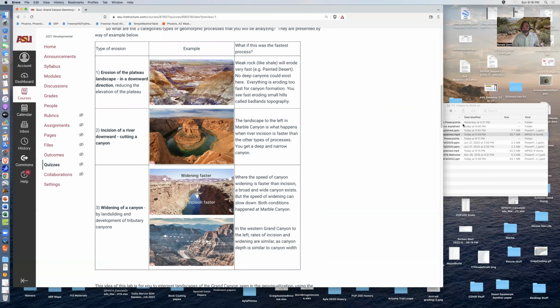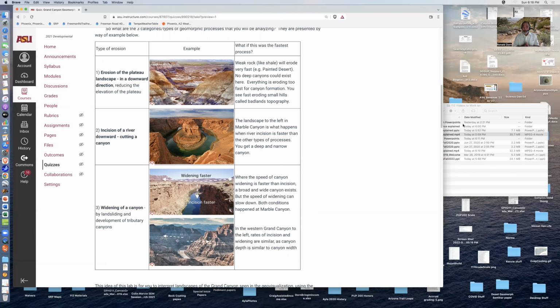The first is erosion of the upper plateau that a canyon is cut into in a downward direction, lowering the elevation of the plateau, with the example being the Painted Desert, where the rock is so weak, like shale or compressed mud, that no deep canyons can exist because everything is eroding away too fast for canyon formation. That is one set of processes.